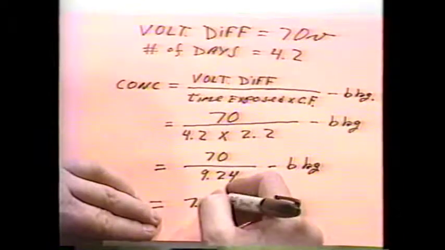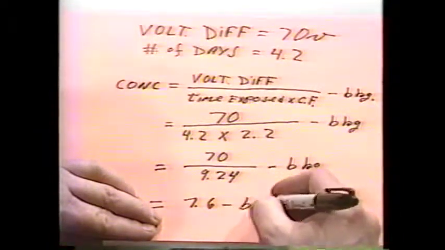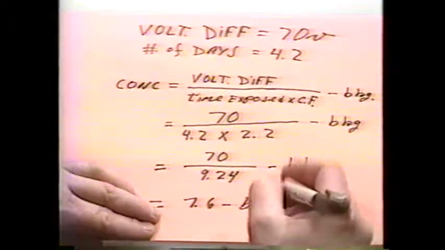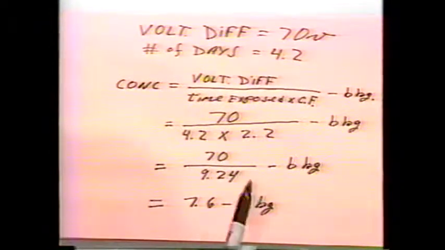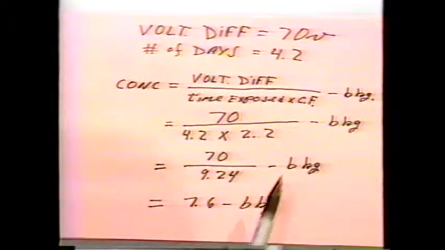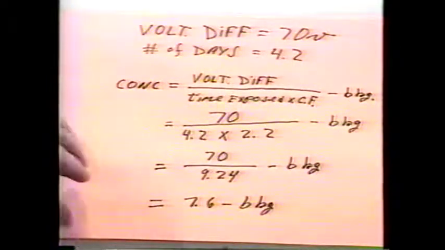Let's call it 7.6 minus the background. Now, so the concentration is going to be 7.6 minus a certain amount due to background. In other words, the background gamma radiation is what has contributed a little bit to this voltage difference.